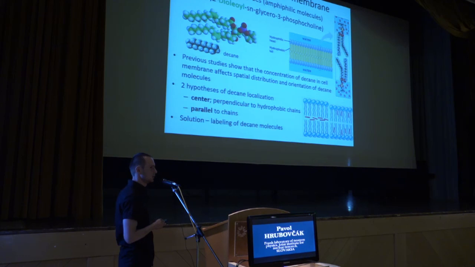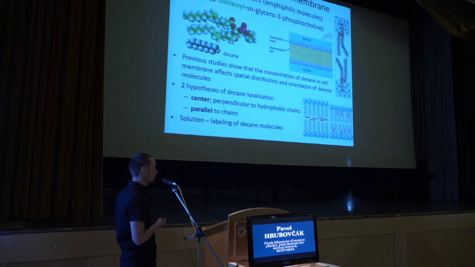According to previous studies, there is a correlation between the amount of decane in the bilayer and its distribution and even its orientation. And according to these previous studies, two theories were proposed.